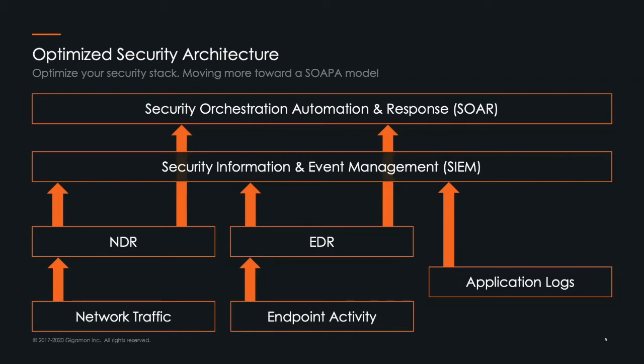We can introduce SOAR to orchestrate and perform automated response for security teams. This is what we would consider a modern security architecture. Ask the question, investigate, get the answer, create an action from it. And a SOAR is ultimately a specialized tool that's necessary to make some systems operate smoothly.